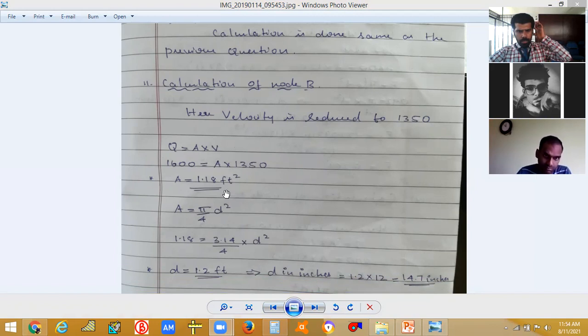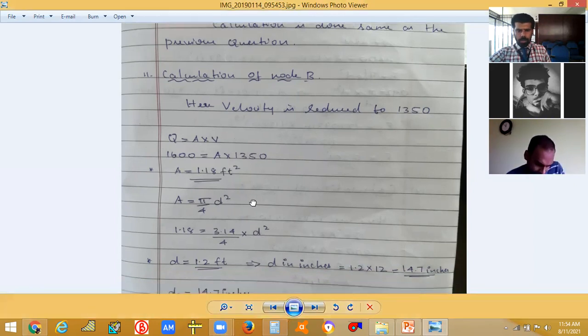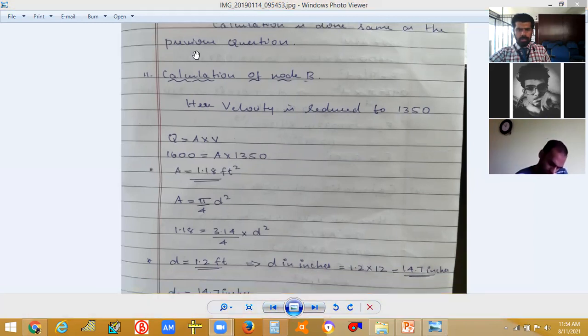Yeah, here it is. When you get the area, it is pi by 4 d square, 3.14 by 4 into d square. Is there any doubt in that? It's not 3.14 by r, it is 3.14 by 4. Pi by 4 d square, right? Area equal to pi by 4 d square. So pi is equal to 3.14, by 4 into d square.